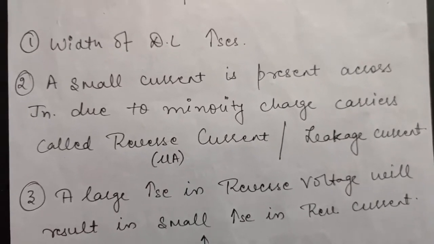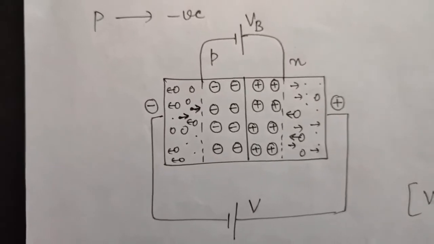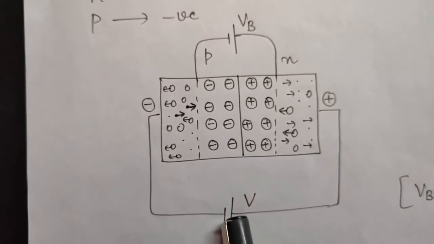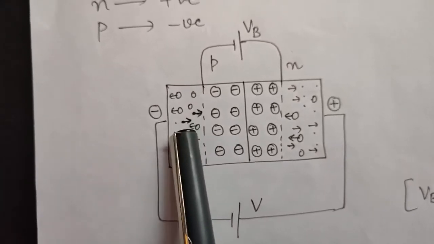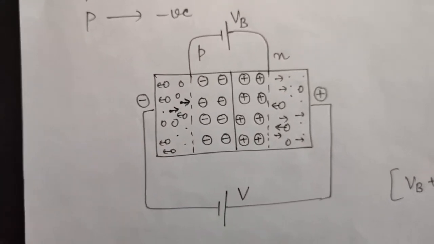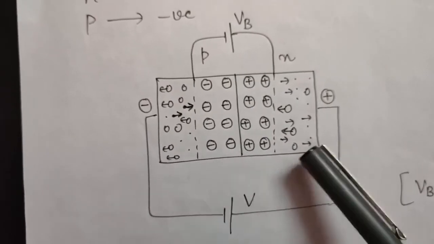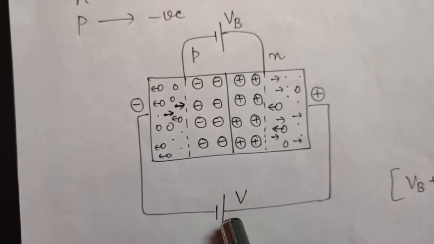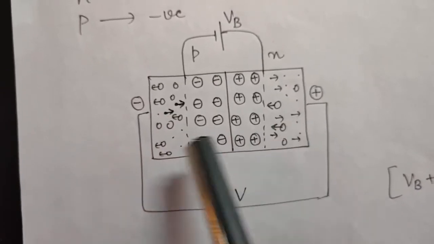Okay, now what will happen if I increase this voltage? Because there are only a few electrons, if I just slightly increase this voltage, there will be no effect on the reverse current. So a large increase in reverse voltage is required to increase the reverse current, right?